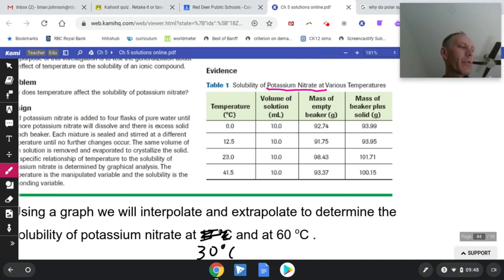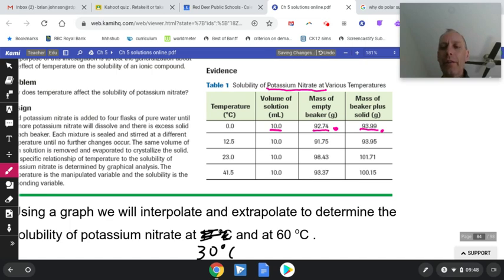So for example, here was the mass of the empty beaker. We filled it with water, 10 mils of water. And then we added potassium nitrate until no more would dissolve. So we had a saturated solution. And then we removed all the water, and here's the final mass. So started at 92.74, finished at 93.99.